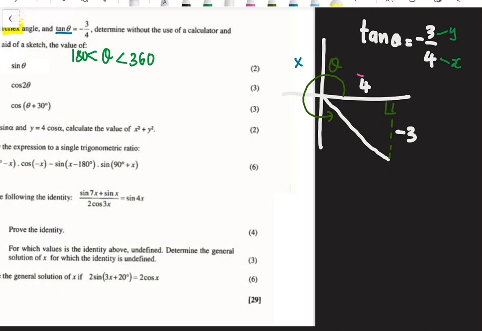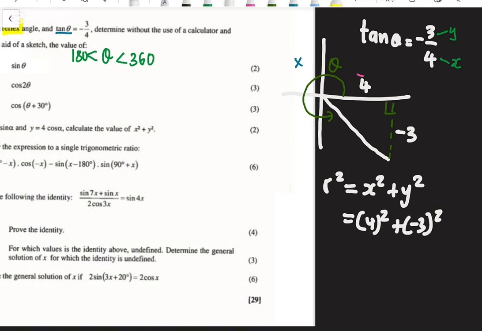We need to calculate r using Pythagoras theorem. So r squared is equal to x squared plus y squared. So this is equal to 4 squared plus negative 3 squared. So this one will give us 25. So put a square root on both sides. So r is equal to 5 because r is always positive. Now here is our r, which is equal to 5.